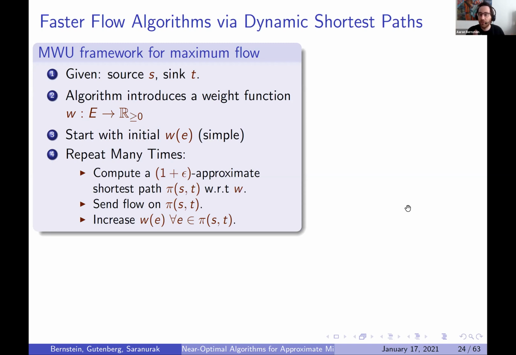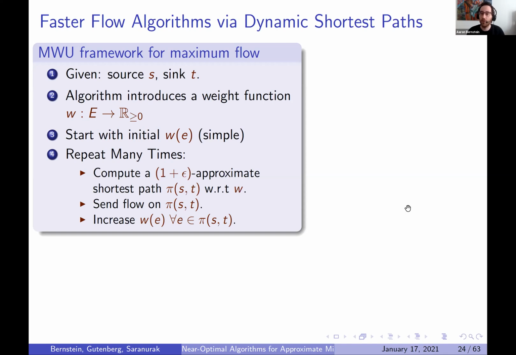The high level intuition here is, imagine you compute some path from S to T and you send some flow on it. Now you want to compute another path and send flow on it. Intuitively, the goal of flow is to spread out the flow as much as possible, because you don't want to overload the capacity of any single edge. So when you compute that second path, you want to discourage the algorithm from using any of the edges on your first path.